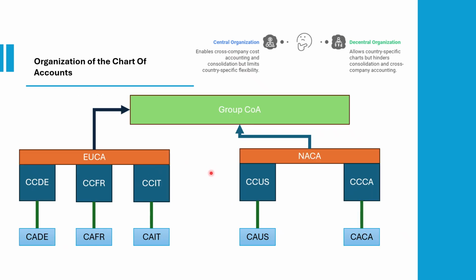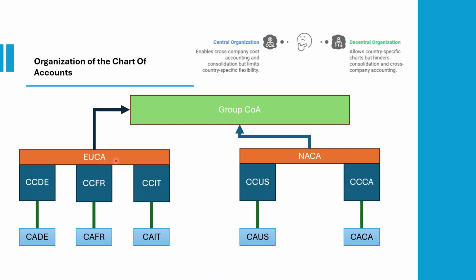Okay, so let's understand it more clearly, like whether we can use both approaches or not. That can also happen. Let's say for our big organization, there are companies in Europe which can use one chart of accounts, and then companies in North America which can use one chart of accounts. They agree, and these are operating charts of accounts, basically.